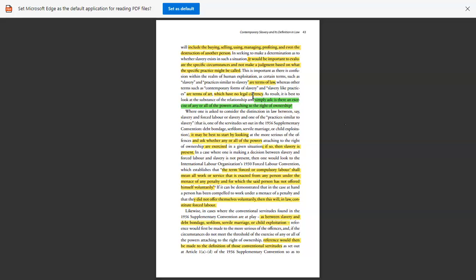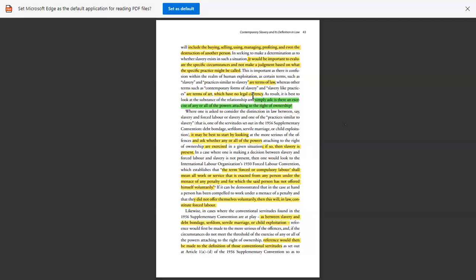So this is the same thing that's going on in the legal system today with terms of art and terms of law, where it comes to the word slavery. Slavery, as it says, and practices similar to slavery are terms of law, and they use all these other terms of art, which have no legal currency.